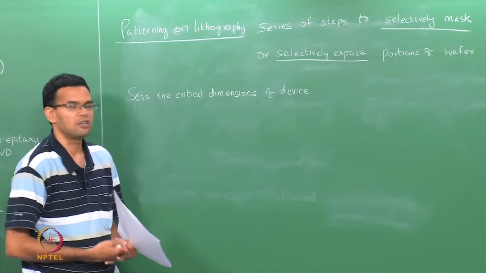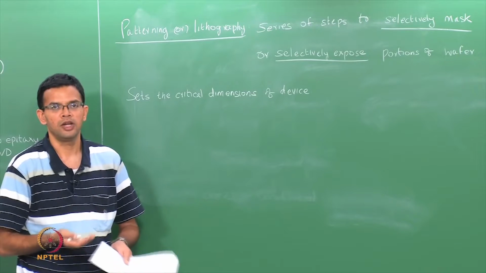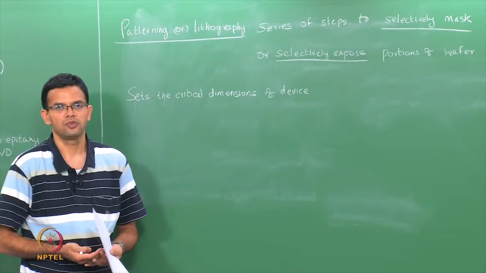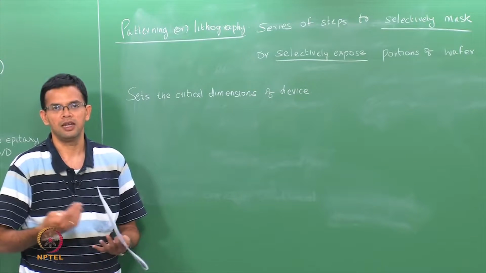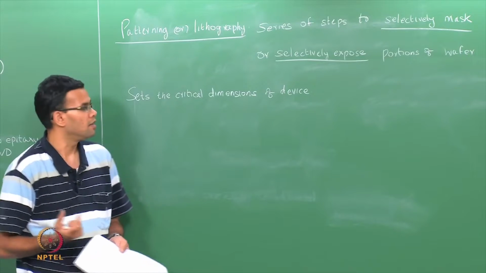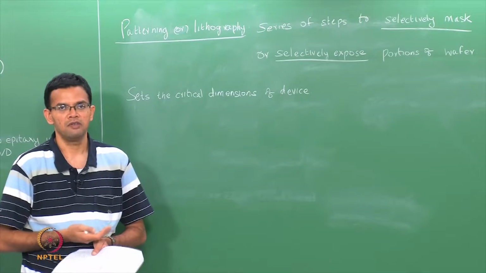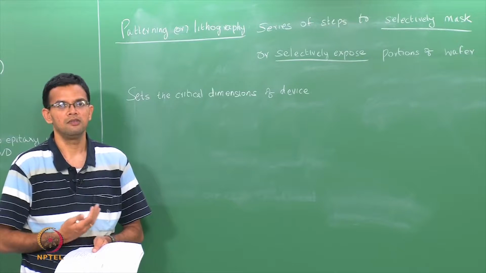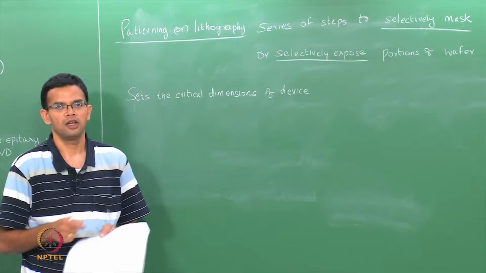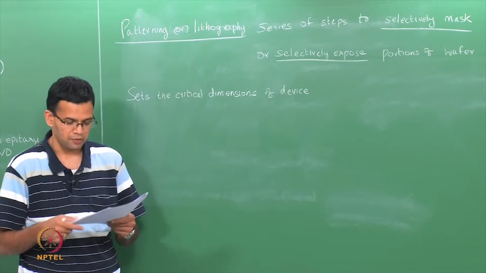So, the latest technology right now is called the 28 nanometer technology, the next one is 22, and then it is 14 nanometers and 11 nanometers and so on. So, this size here refers to a critical dimension of the device, and this is governed by the ability to pattern these smaller and smaller areas onto the wafer.